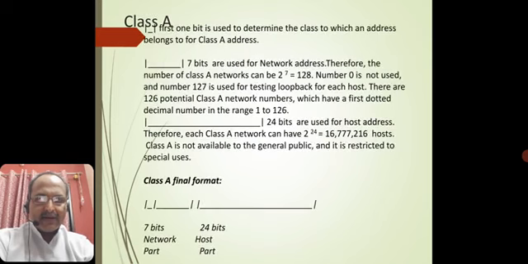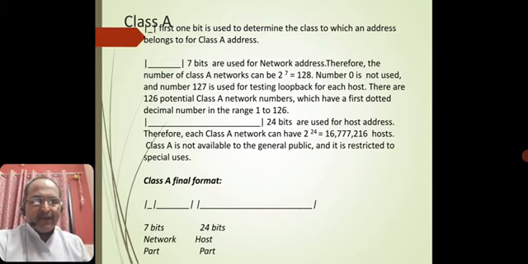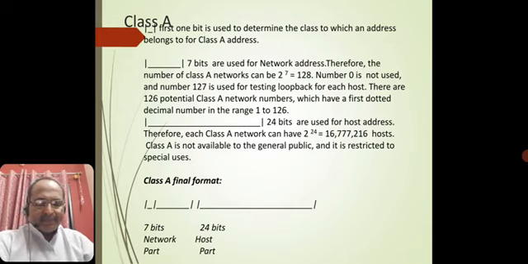So further classification in class A: the first 1 bit is used to determine the class to which the address belongs, and the remaining 7 bits are used for network addresses. Therefore the number of class A networks can be 2 to the power of 7, which is equal to 128, right?